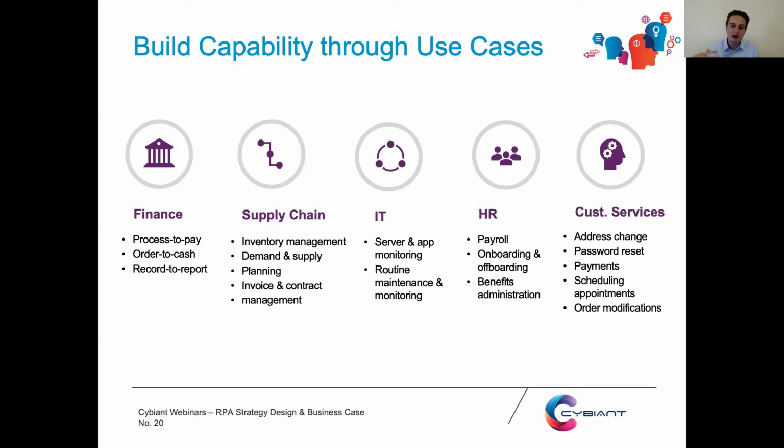In IT, it's about helping users, setting up your servers, app monitoring, etc. So all of these capabilities can be built through the use cases. And it's generally considered best practice to start with the processes that are very easy to identify, and help to build them up first. And then, when you have those capabilities, start moving towards more complex types of processes.